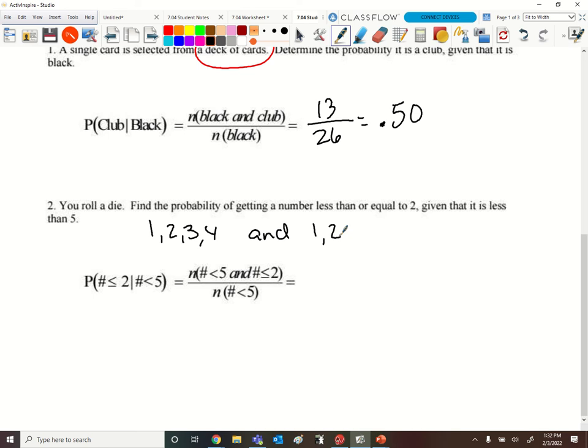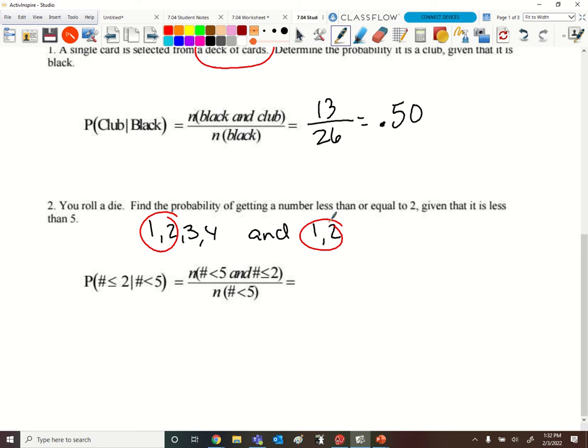So what do I have to look for if it's an and statement like this? Numbers that show up more than once, that they have in common, right? The intersection. So for this case it's going to be 1 and 2. Those are the only things they have in common.